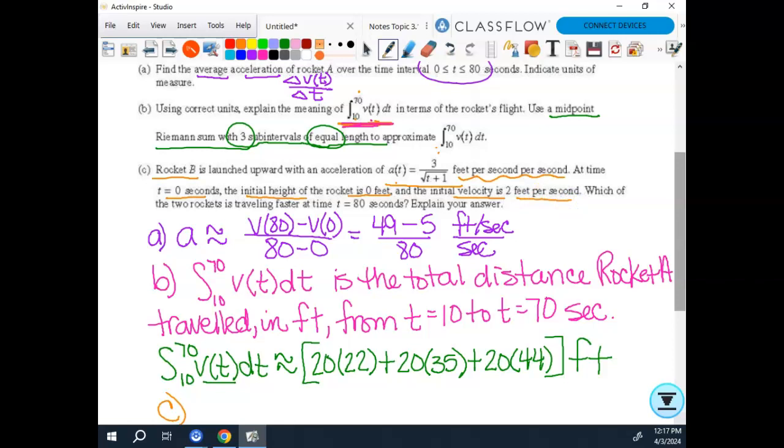So that means initial height, x of 0 equals 0. Initial velocity, v of 0 equals 2. Right? Which of the two rockets is traveling faster at time t equals 80 seconds? And explain your answer. So what do you think that we need to find?